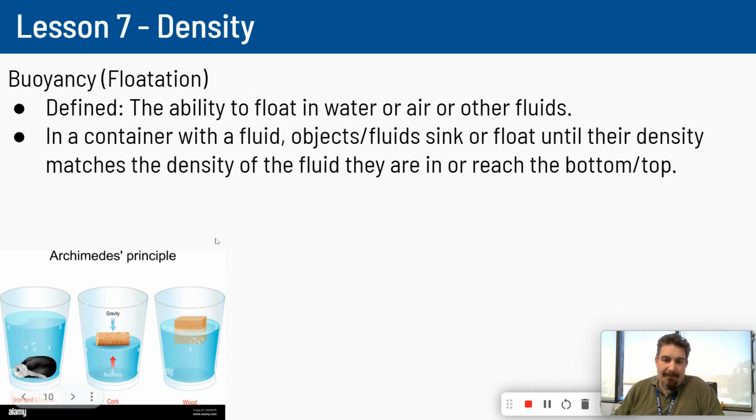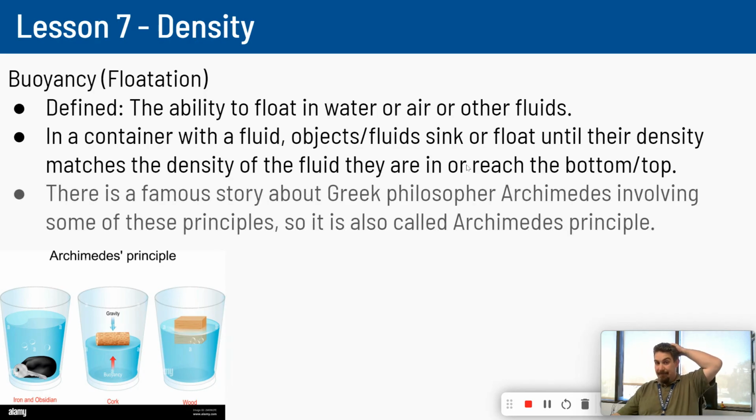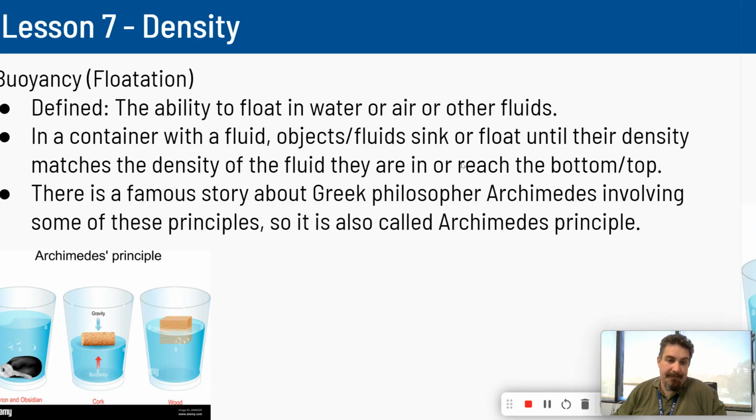It's sunk all the way to the bottom because objects or even fluids, like we saw in our lab, will sink or float until their density matches the density of the fluid they're in, or until they get to the very bottom of the container or the very top of the container. All right. There's a famous story about the Greek philosopher Archimedes involving these principles. You're going to read it in your chem talk. So this is why we call this Archimedes' principle. Okay.